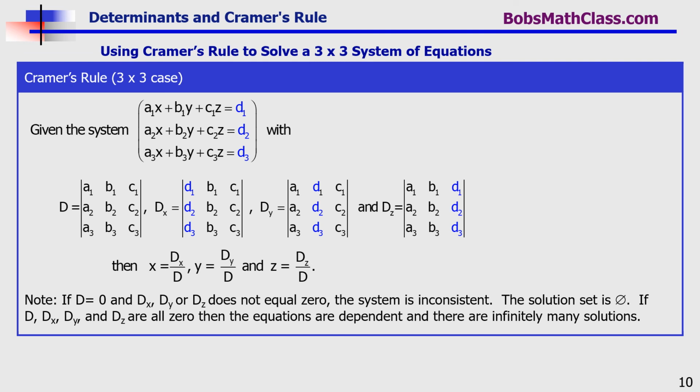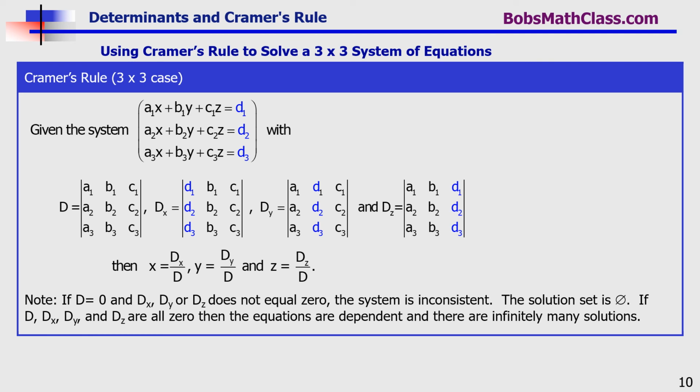In dy, it replaces the y column. And in dz, yeah, you guessed it, it replaces the z column. And then the punchline is x equals dx over d, y equals dy over d, and z equals dz over d.